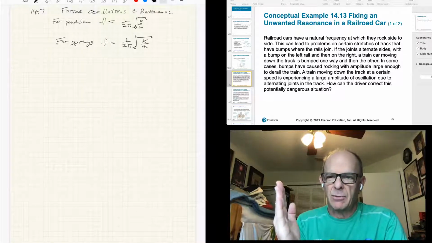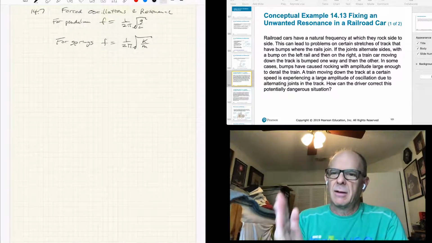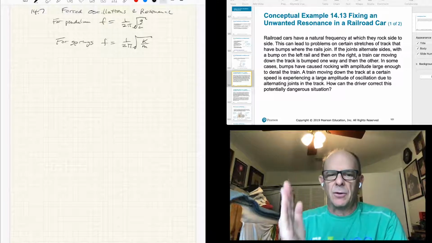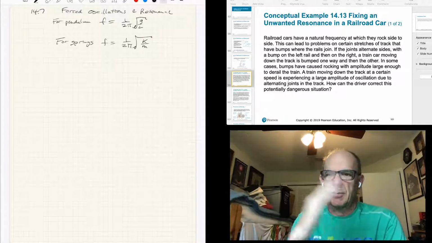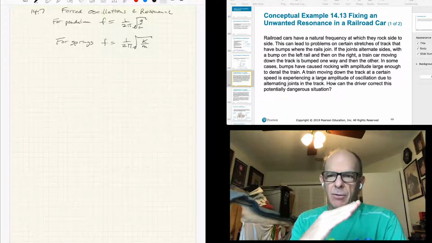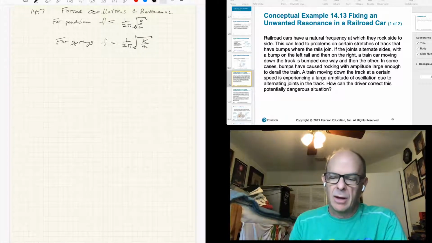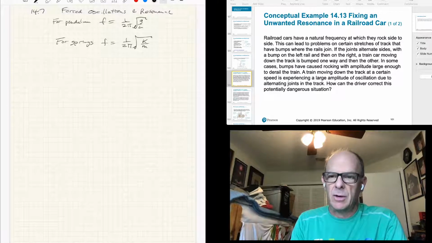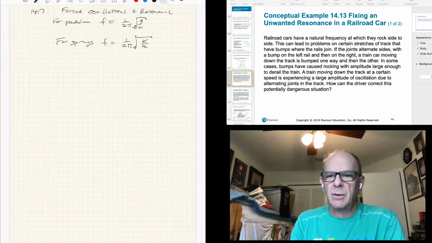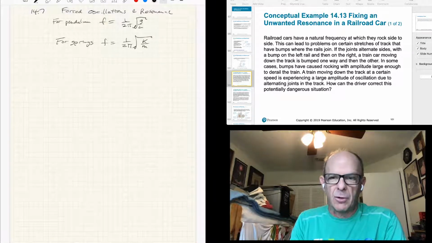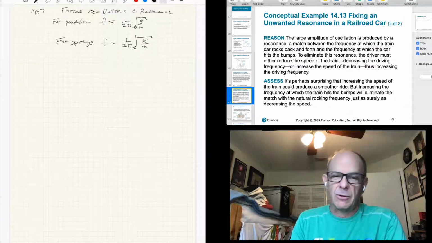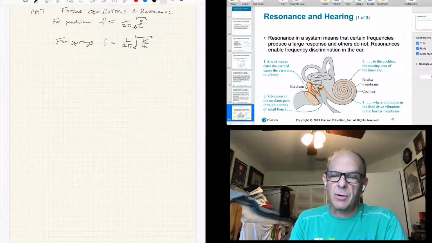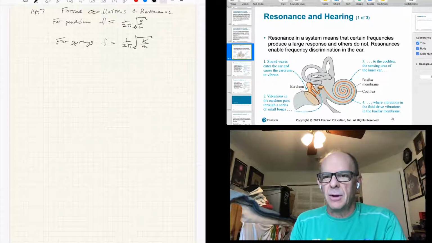So it has some natural frequency, and if it's hitting the joints between the rails at a frequency that matches that, then it'll cause the amplitude of the motion of the train car back and forth to grow and grow and grow, and can even cause the cars to derail. And so you can either speed up or slow down the train to change the forcing frequency so it no longer matches the natural frequency of the train car.